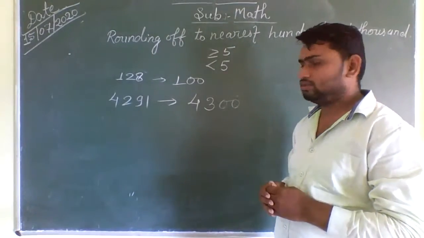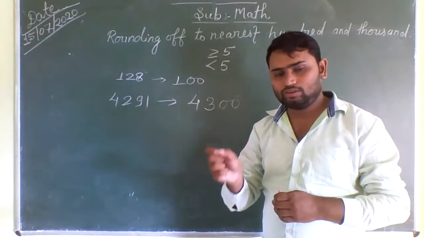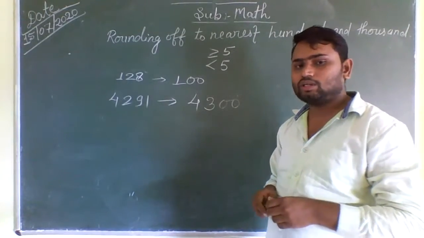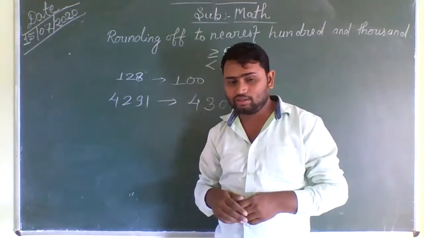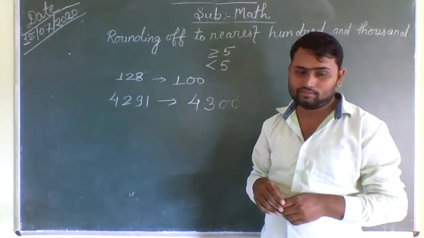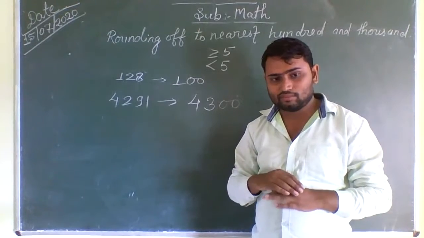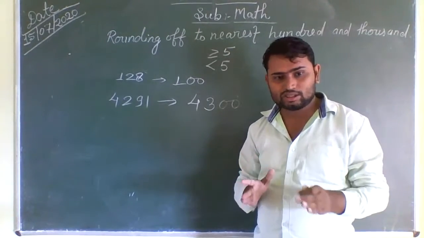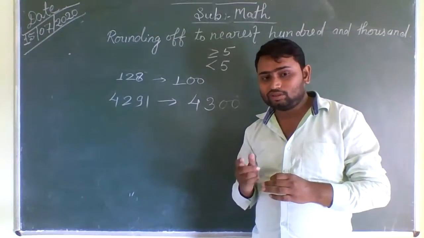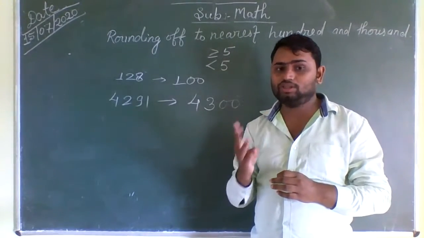First you go to the digit at the thousand place. Next you see the digit which is just behind. Is it less than 5, or greater than or equal to 5? If it is less than 5, don't make any change. Just write the digit at the thousand place. And one more thing, now you have to put 3 zeros.